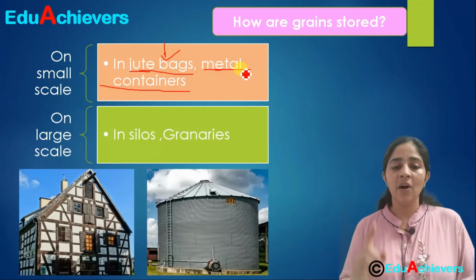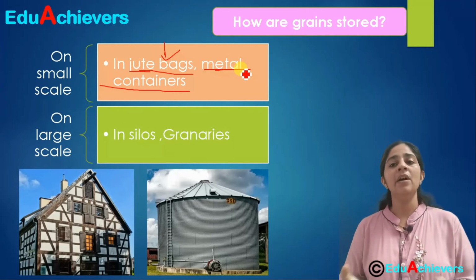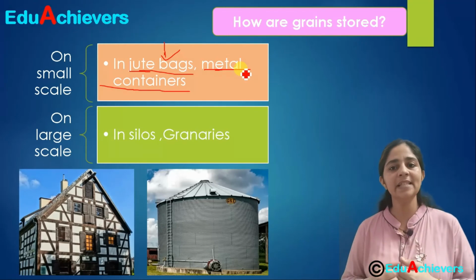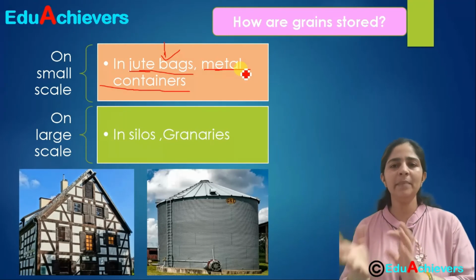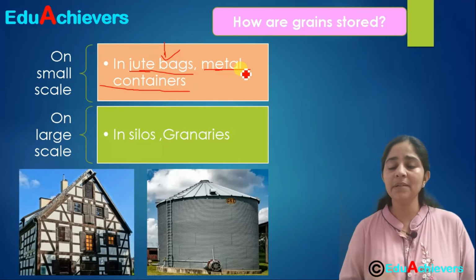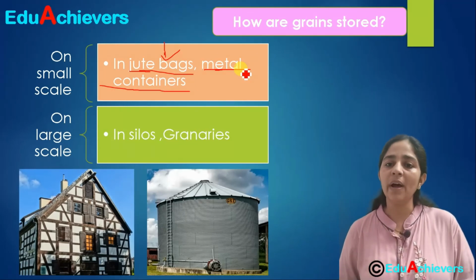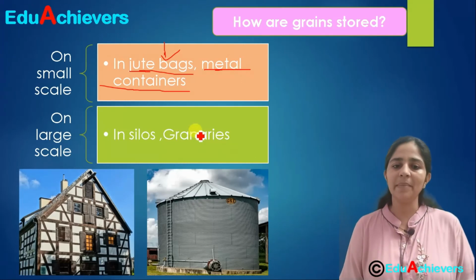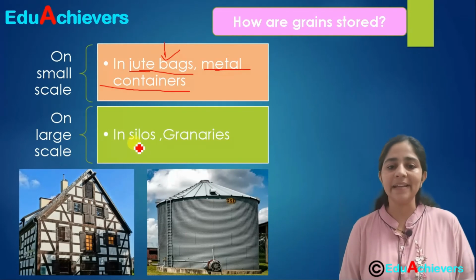Fine. Second thing, on a large scale, when a lot of agencies or governments buy these seeds for emergency conditions like natural disasters, the government buys the product. So where do they store those thousands of quintals? They store them in silos or granaries.